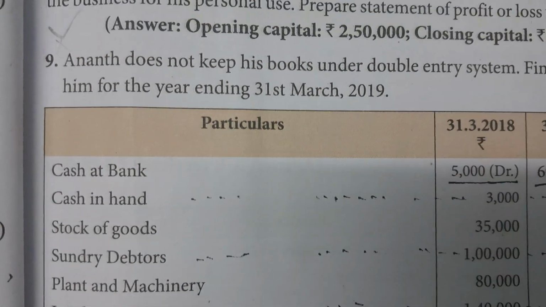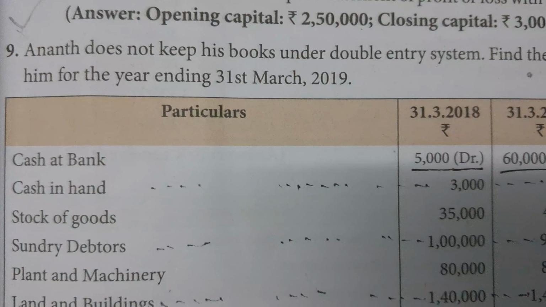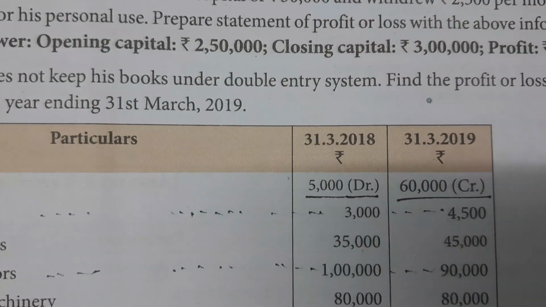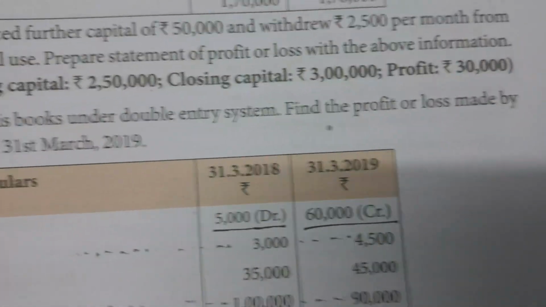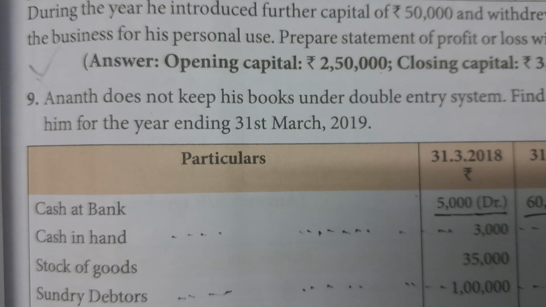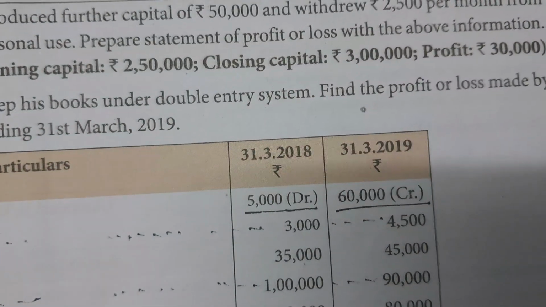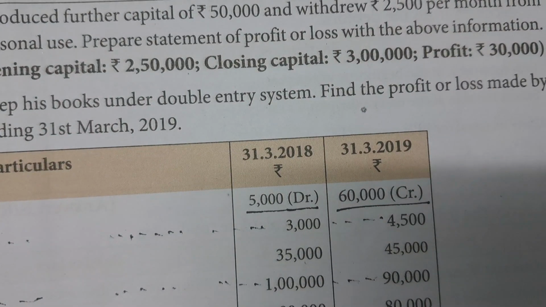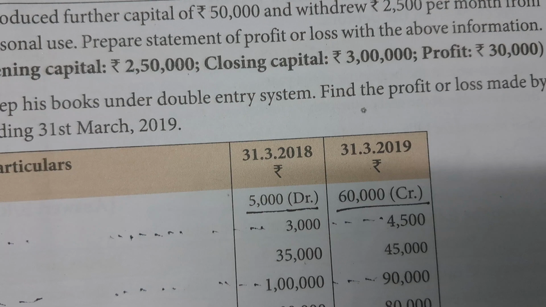Anand does not keep his books under double entry system. Find the profit or loss made by him for the year ending 31st March 2019. Particulars: 31/3/2018, 31/3/2019.